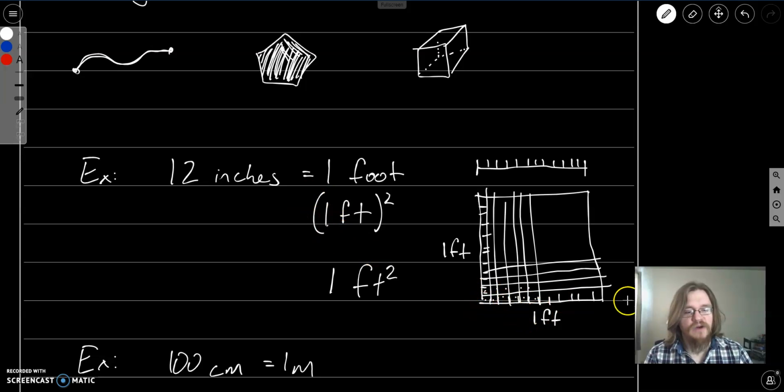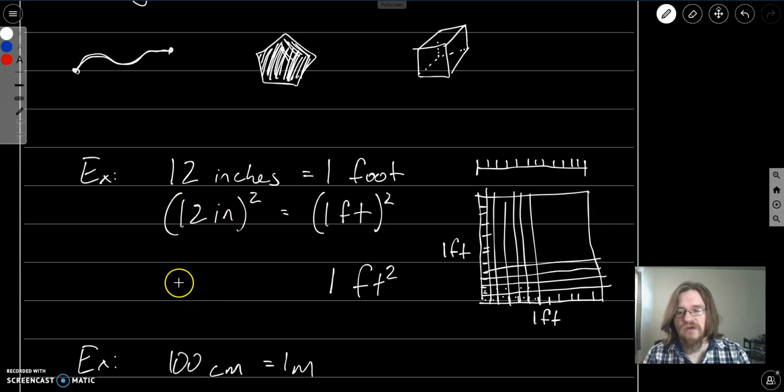If we have 12 inches on a side and 12 inches on a side, the area is going to be 12 inches times 12 inches. Well, 12 times 12 is 144 inches squared. So even though there are 12 inches in 1 foot, if we're talking about 1 square foot, there are going to be 144 square inches in there. All we're doing is squaring numbers. 12 times 12 is 144.